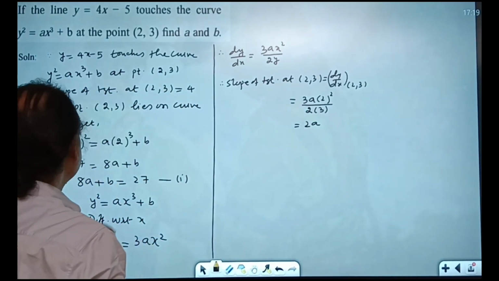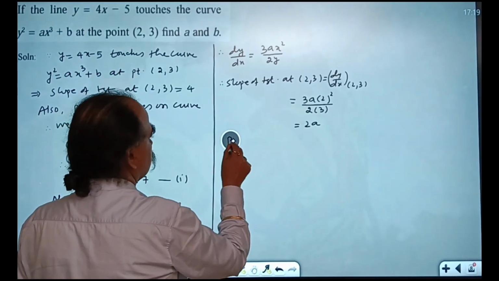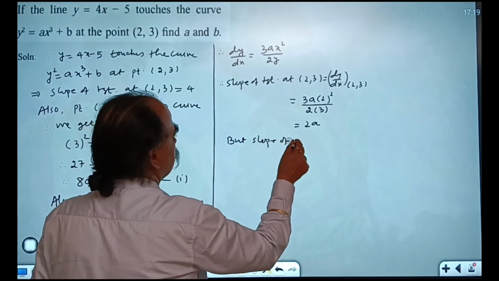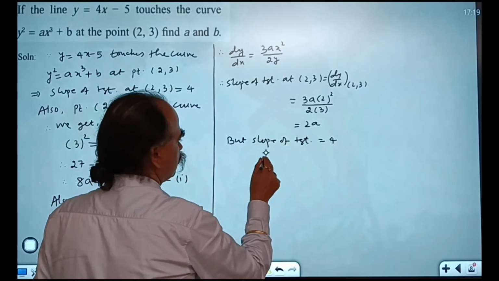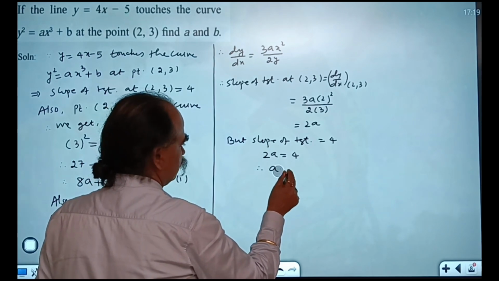But slope of tangent is 4. So 2a is 4. A is 2.